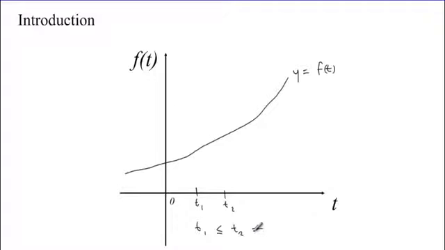Then this implies that f of t1 is less than or equal to f of t2, then we say the function f is increasing. Otherwise, if this condition is still the same, and we get that f of t1 is greater than or equal to f of t2, then we would say the function is decreasing. So if the function is decreasing, the other way of saying that, you can say the function is growing.